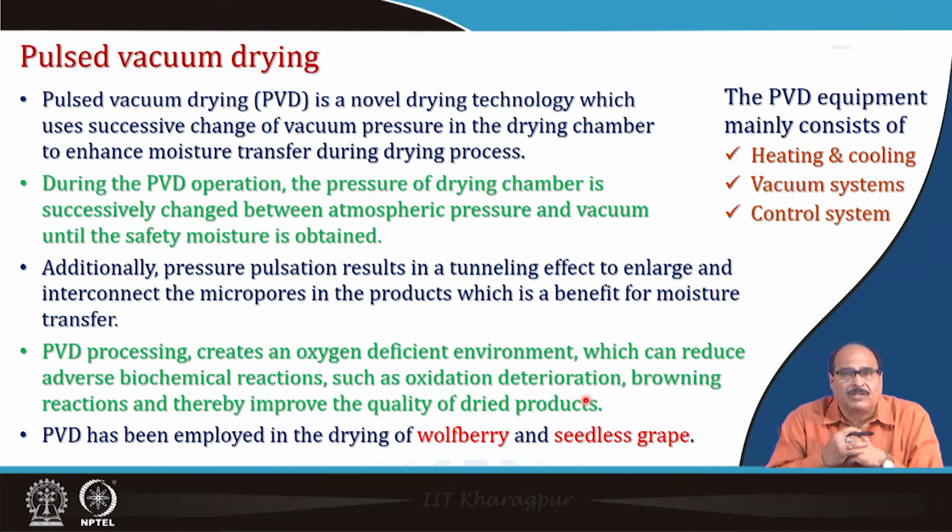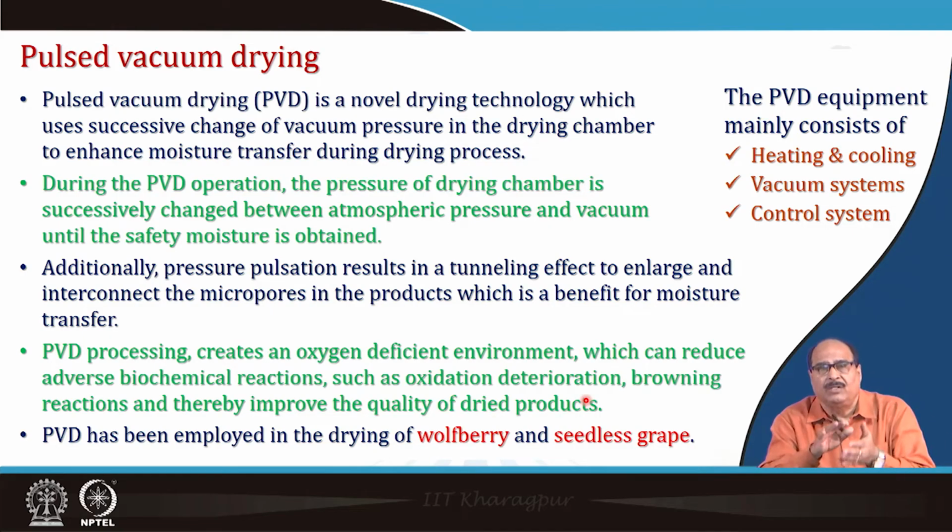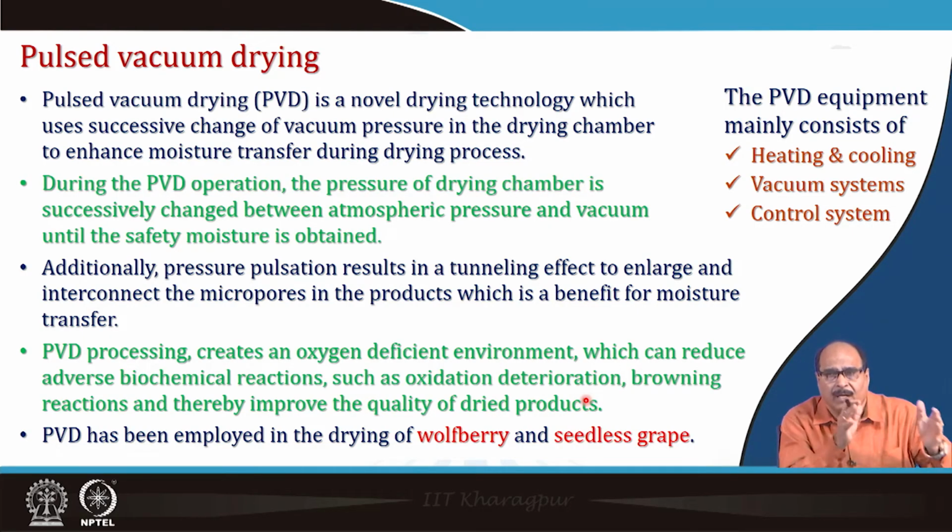Both facilitate removal of moisture. Then pulsed vacuum drying is another technology. It is a novel drying technology which uses successive changes of vacuum pressure in the drying chamber to enhance moisture transfer during drying. Instead of continuously having the same pressure level, one can have pulses. During PVD operation, the pressure of the drying chamber is successively changed between atmospheric pressure and vacuum until the safe moisture level is obtained.